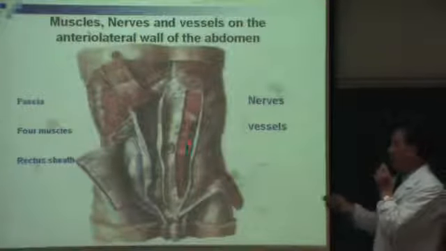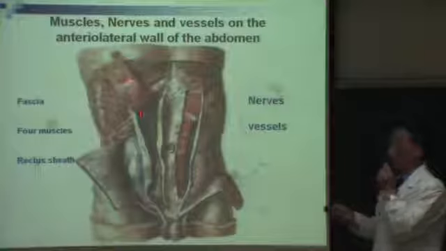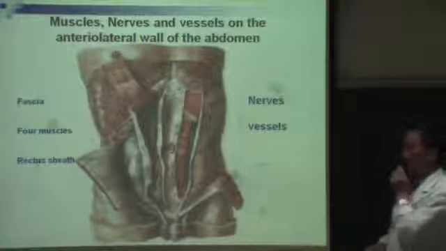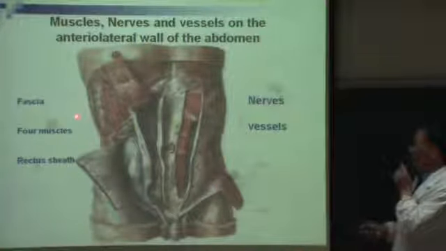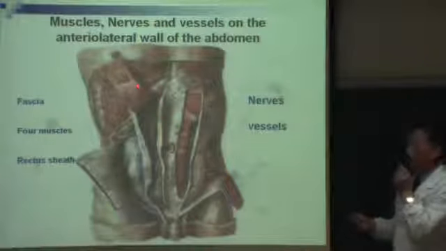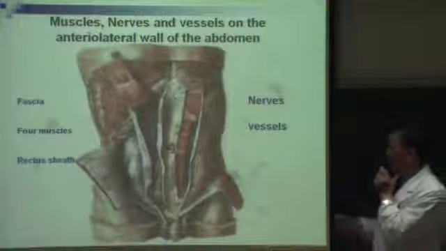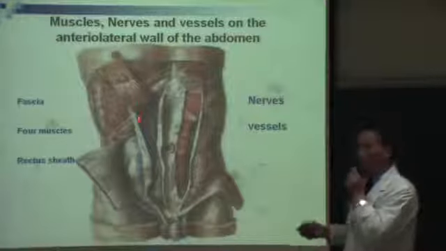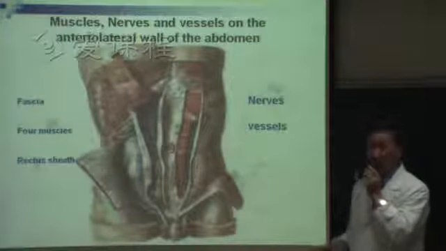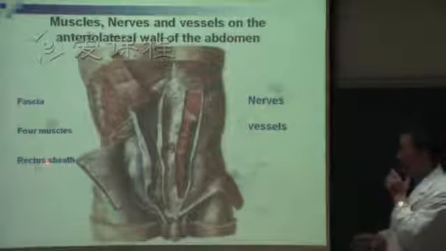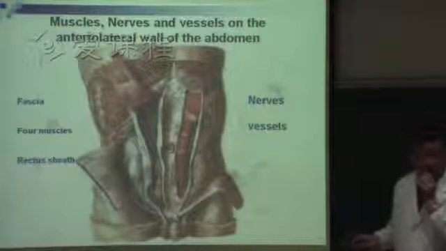In the middle, the rectus abdominis. Around the rectus abdominis, there is a strong sheath. What's its name? It's called the rectus sheath.